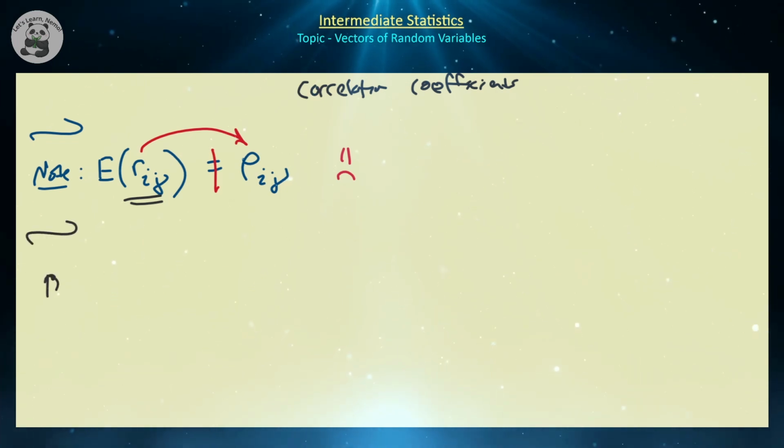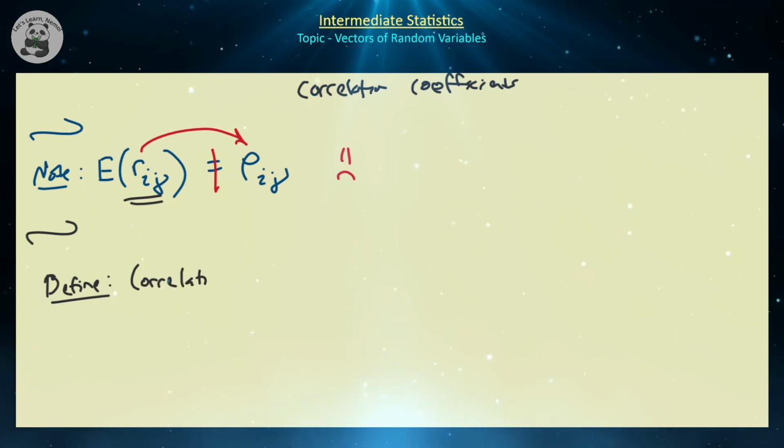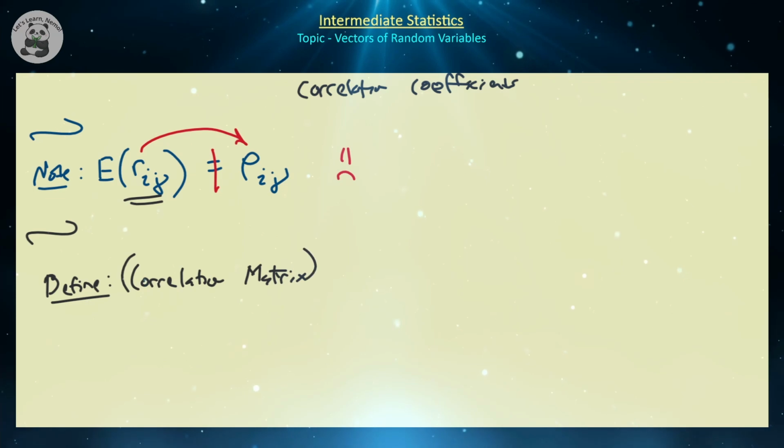So what we're going to do is define a correlation matrix, which we've actually discussed briefly when we wanted to analyze the explanatory variables of a multiple linear regression model.